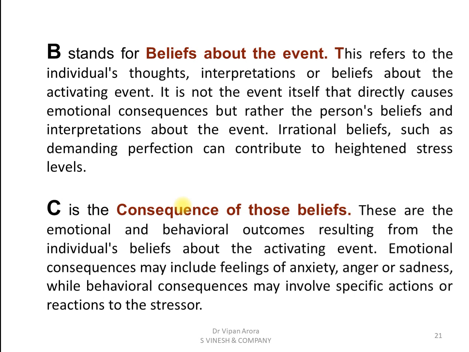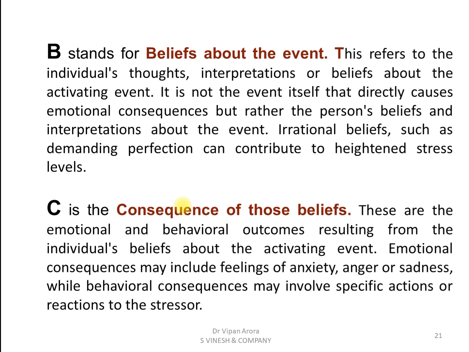It's not the event itself that directly causes emotional consequences, but rather the person's beliefs and interpretations about the event. Irrational beliefs such as demanding perfection can contribute to heightened stress levels.